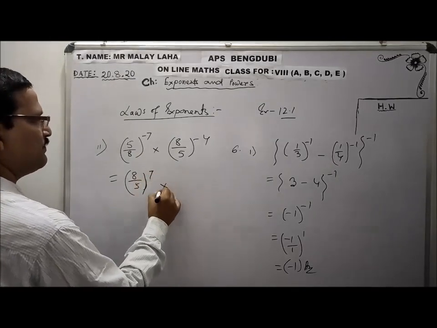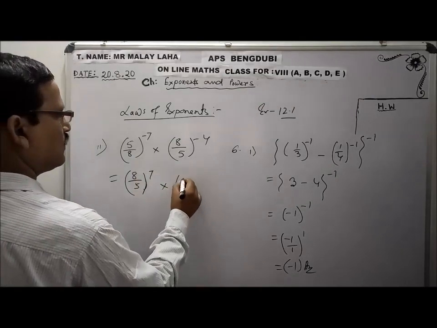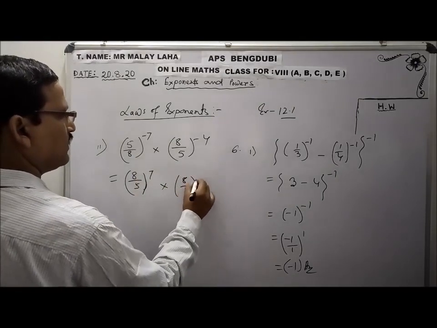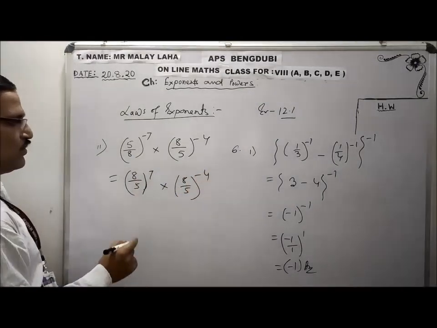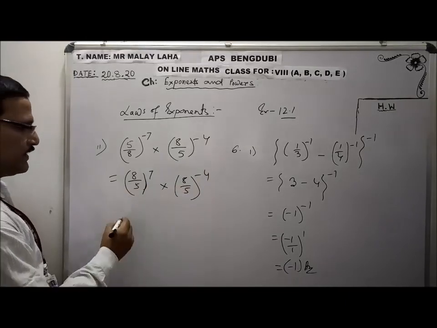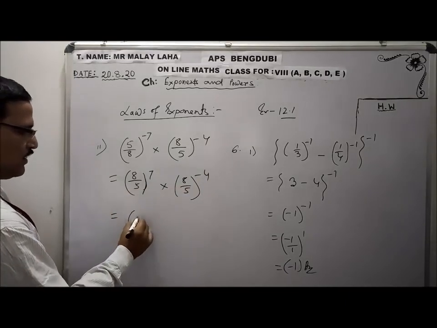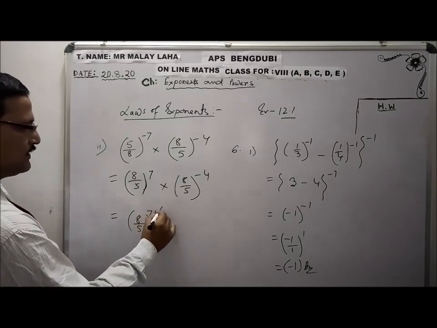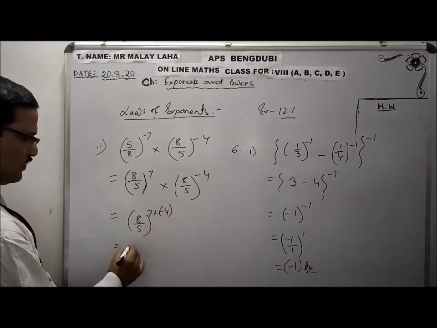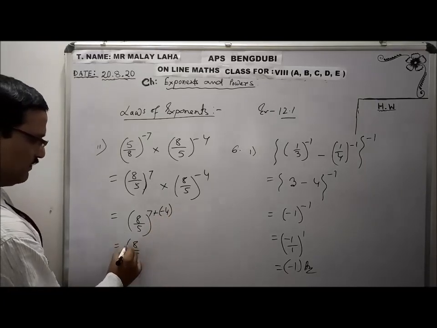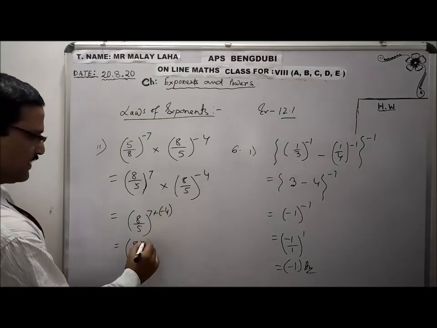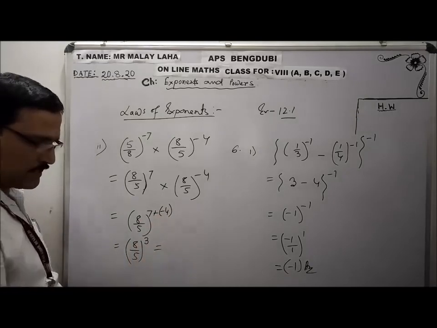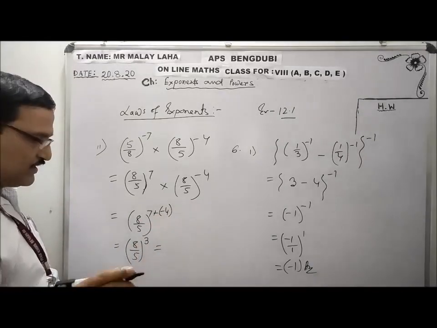Why am I doing it? Because I have to find the similarity. I have to apply at least one law. Now both numbers have the same base. What to do? Under one base, the powers will be added: 7 plus minus 3, so 8 by 5 raised to plus 4. The instruction is evaluate.